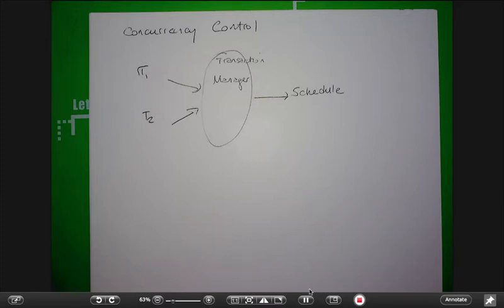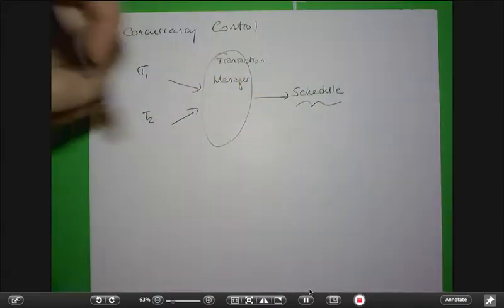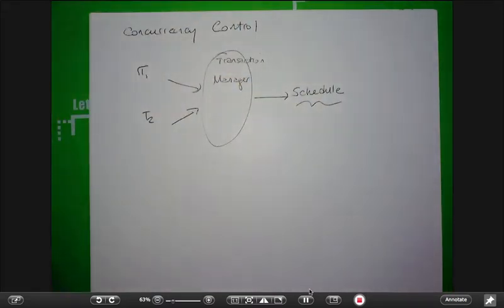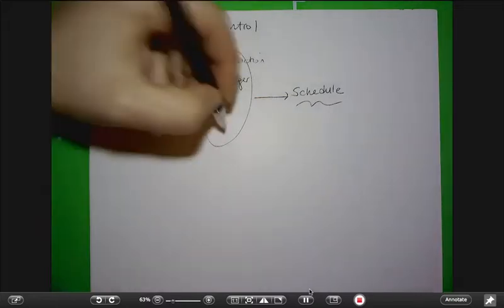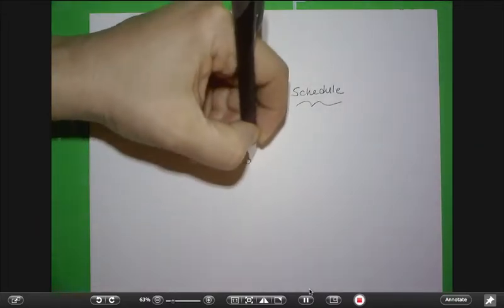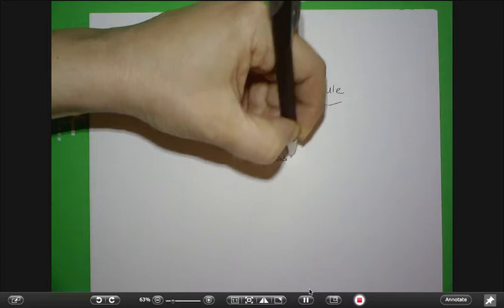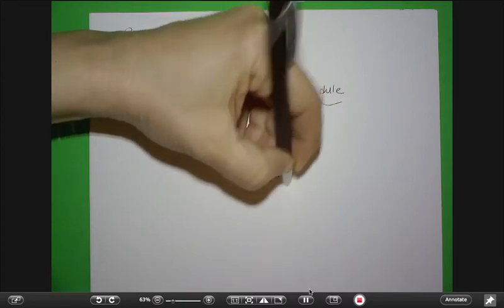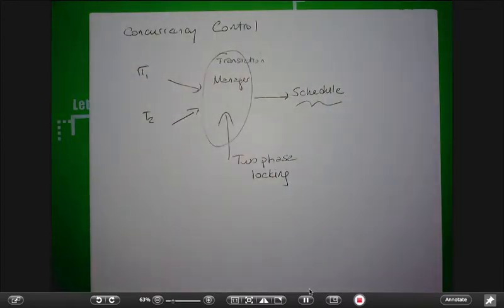So one of the things we were saying was that this schedule, if you have the correct one, what you want is these schedules to be always serializable. So one thing we learned was, what if I implemented my transaction manager using two-phase locking? The idea was that if you use two-phase locking in the transaction manager, then you can only get schedules that are serializable.